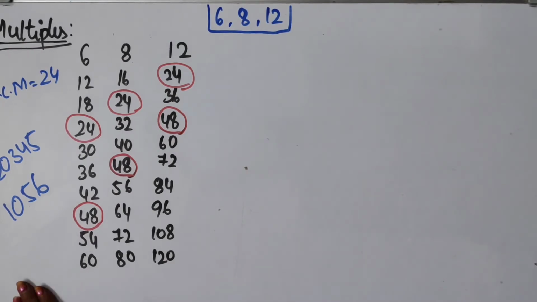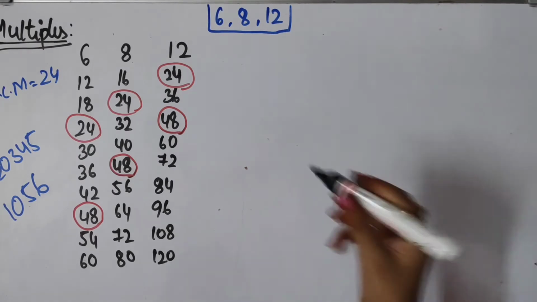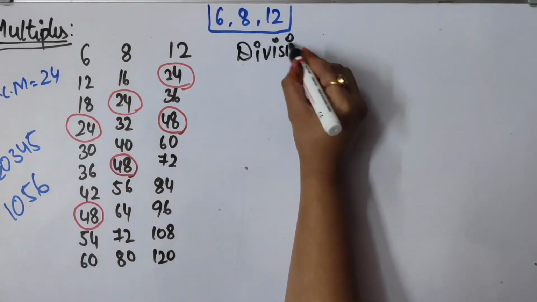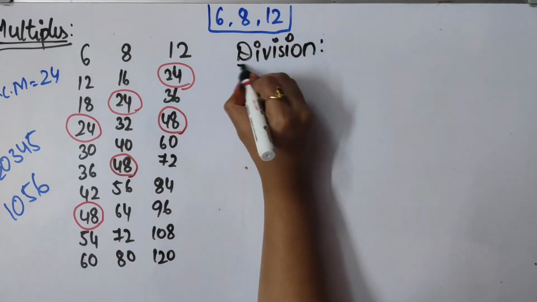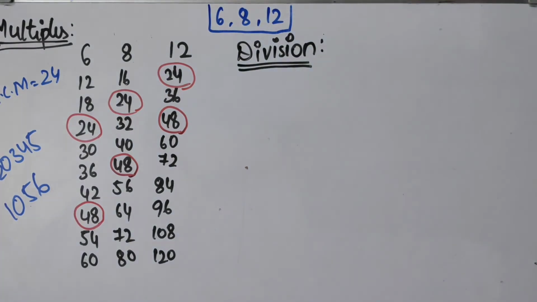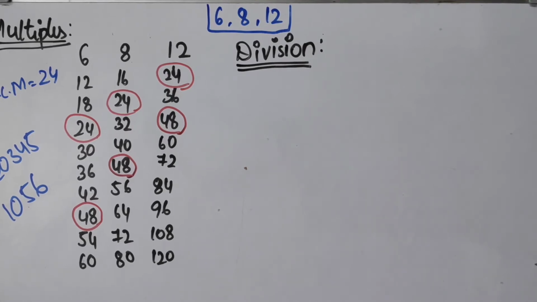So that's the reason there is the next method, which is called the division method, which is easy. In this, LCM is done for all these numbers at a time.